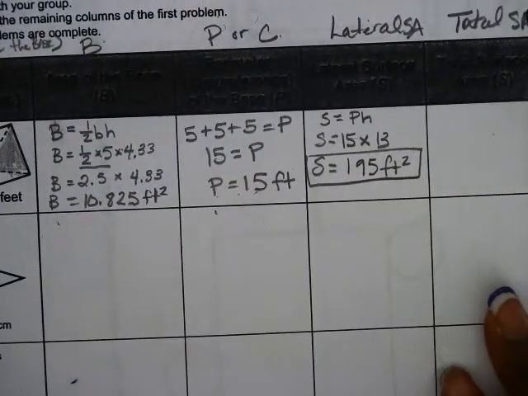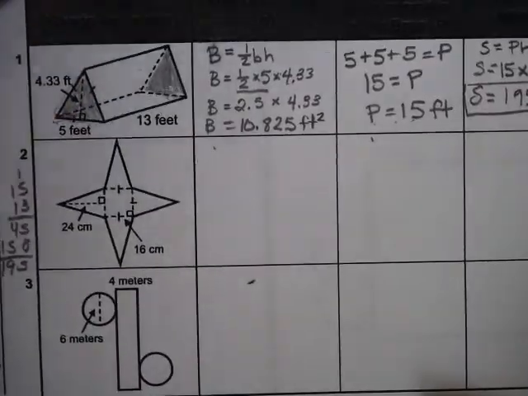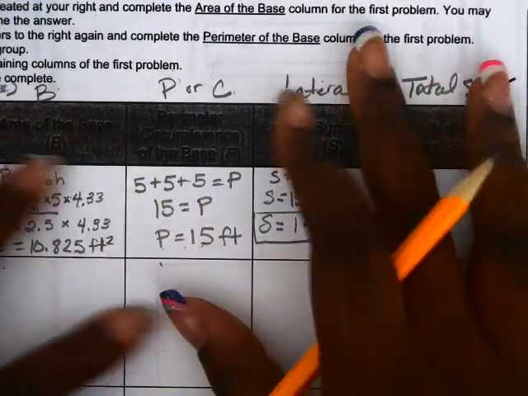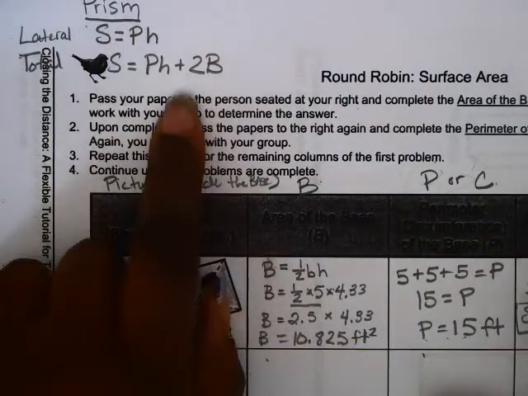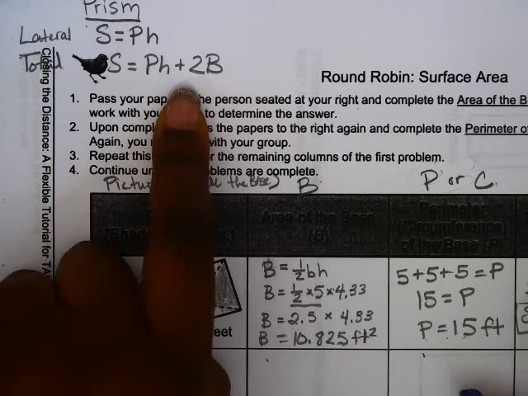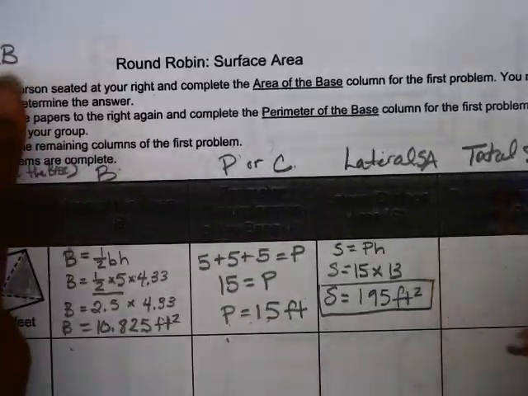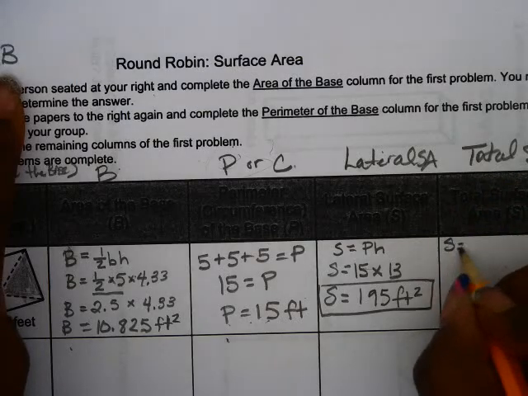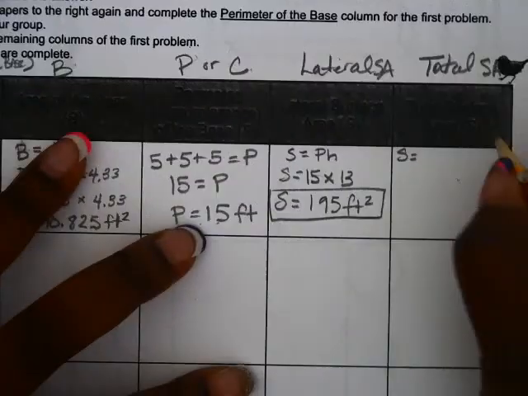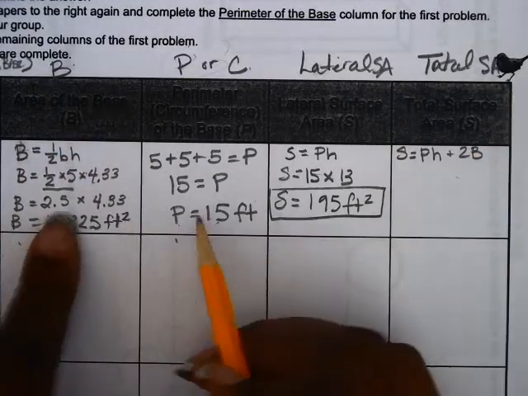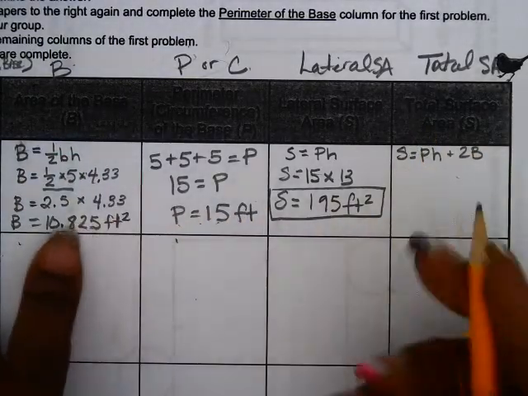So now I can find the total surface area, and from the top here, I remember my formula was surface area equals perimeter times height plus 2 times the area of the base. I've already found that here, so now I can do it over here.